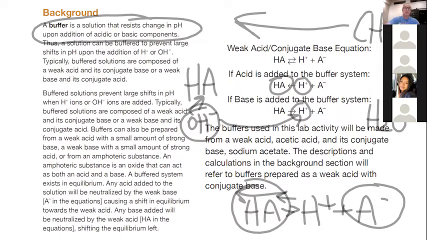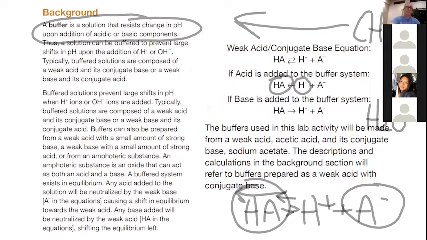What will happen to the equilibrium? Well, what happens is that it tries to reestablish that amount of H plus by pushing the reaction forward. So it pushes the reaction in the direction of making more product. So it dissociates more acetic acid and produces more H plus and more acetate.